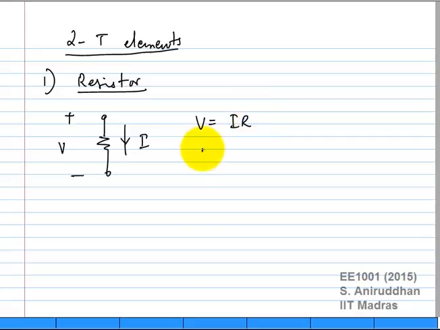I can define it in terms of this equation also, where G is 1 by R. What is G?